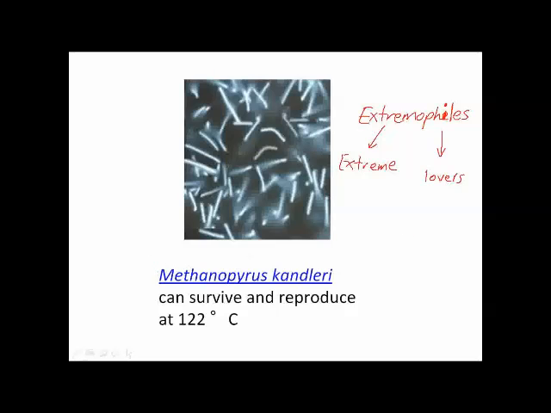So a Methanopyrus kandleri, that's a bacteria. It can survive and reproduce at 122 degrees Celsius. Where do you think these environments which are 122 degrees Celsius are on Earth? You are correct. It is underwater by hot water vents. That's where you'll find this bacteria.